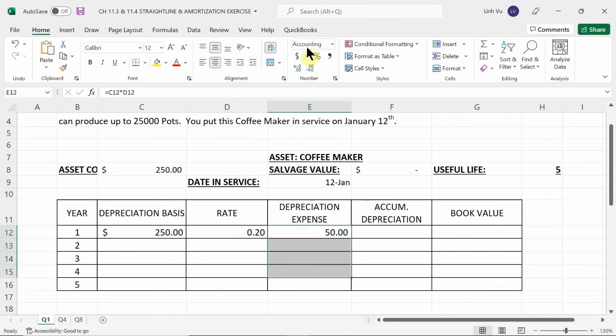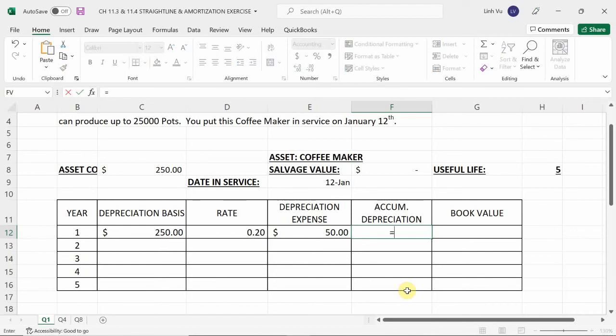So then what's my accumulated depreciation? Do you have a previous year? We have just January.